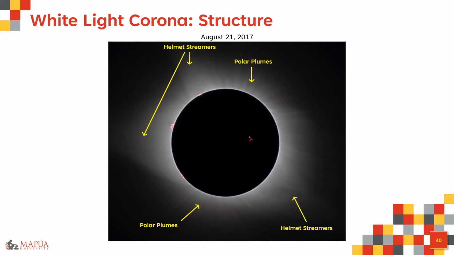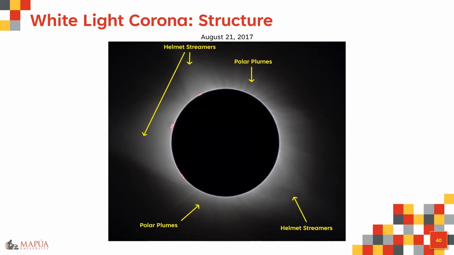This is associated with these open magnetic field lines, and these open magnetic field lines are connected to the interplanetary magnetic field, which we're going to talk about in the coming days. And this is commonly found in coronal holes, okay, which we're going to talk about later.